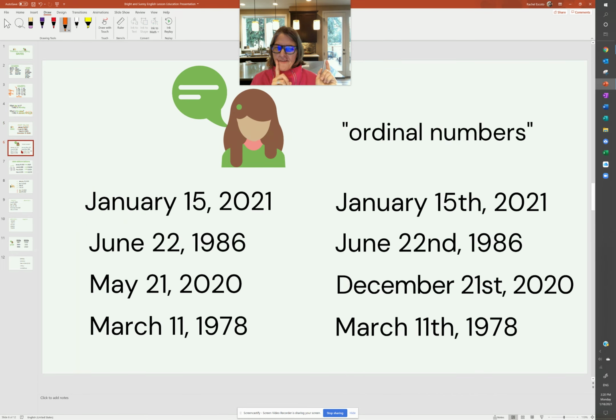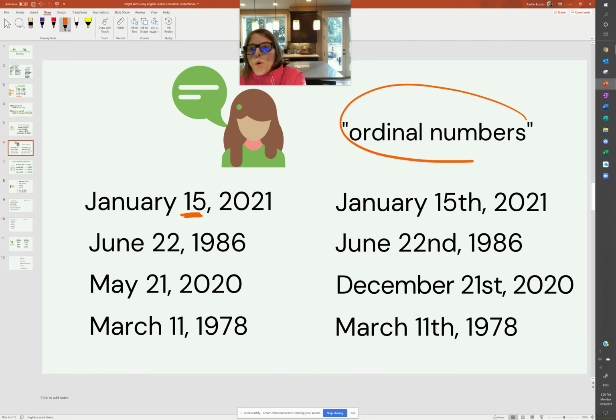Now, there's something funny about the way we say our dates, right? We write 15, but when we say the date, we use something called ordinal numbers, and we have to add a little something. Now, we did not learn ordinal numbers yet. Next week, week 3, we practice and learn ordinal numbers.